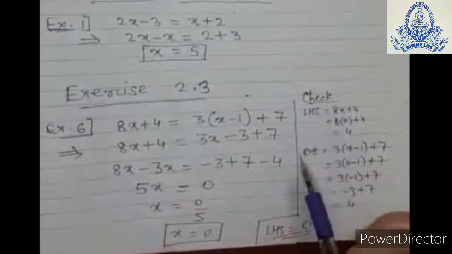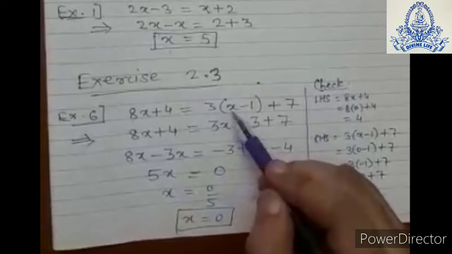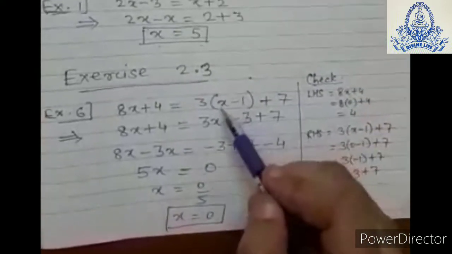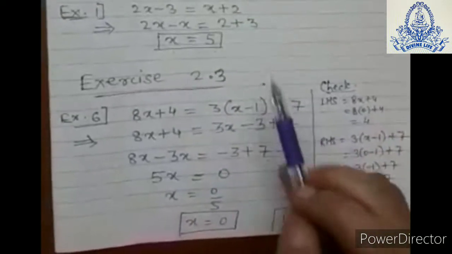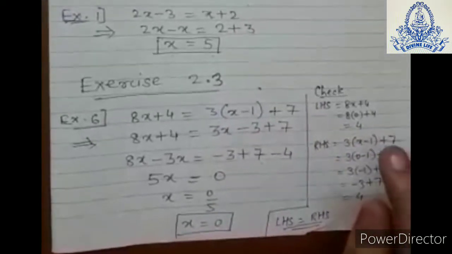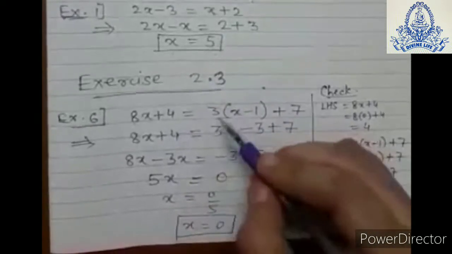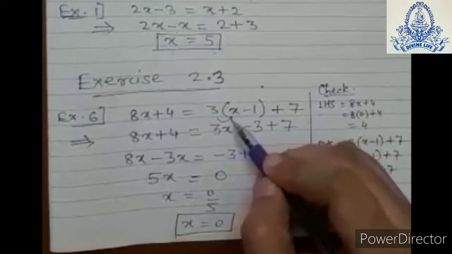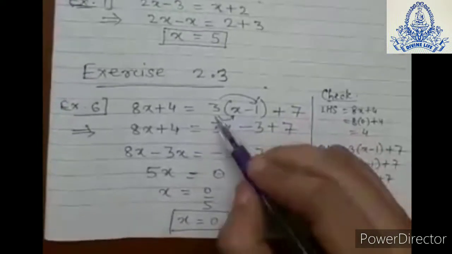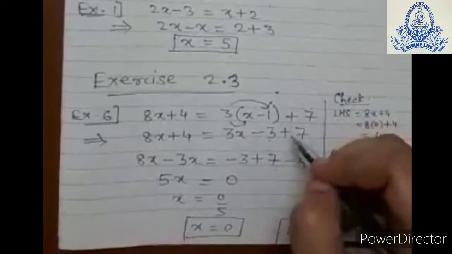Now see exercise 2.3, question number 6: 8x plus 4 is equal to 3 into bracket x minus 1 plus 7. Now see students, whenever any bracket is given, very first simplify this bracket, then only solve the rest of the example. So 8x plus 4 is equal to, this 3 will multiply to x and again this 3 will multiply to 1. So 3 into x is 3x, minus 3 into 1 is 3, minus 3, plus 7.